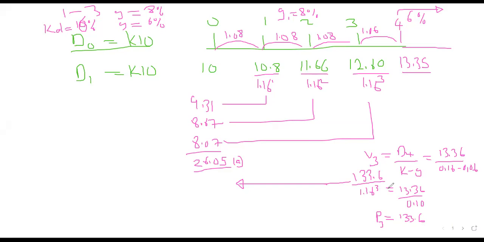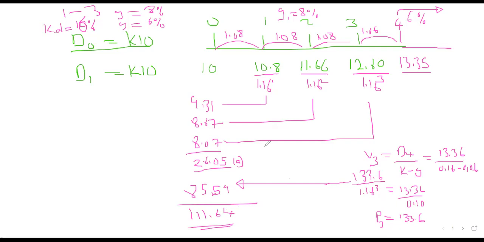So 133.6 divided by 1.16 to the power 3. Meaning the value of stock for the second phase will be 85.59. So the total value of stock, we add these two: 26.05 plus 85.59. So we're going to get the value of stock as 111.64. So this is how we get the 10 marks for the value of stock.